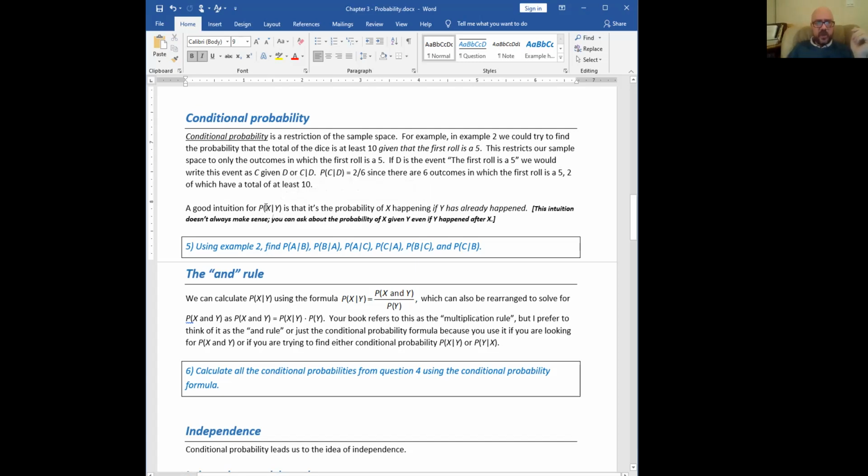This is the probability of X within event Y. So the denominator of your fraction isn't 36, or the whole sample space. It's just how many things are in Y rather than how many things are in all the possible outcomes. We're only concerned with the outcomes that are within Y. So this really says the probability of X with our sample space restricted to just event Y. That's what that means.